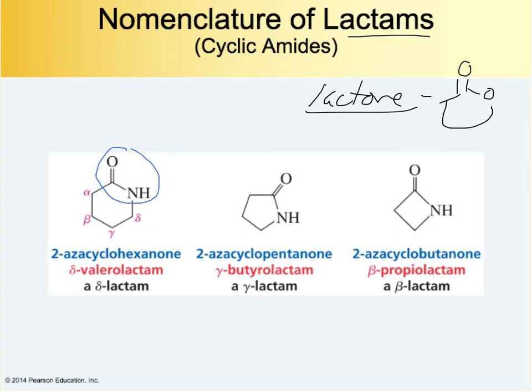The nitrogen is attached to the delta carbon, so it's a delta lactam versus a gamma lactam, which is alpha, beta, and then a little gamma there, versus a beta lactam, which is alpha, beta, right? Beta referring to which carbon the nitrogen is connected to, the beta carbon. So I want you to make sure you know delta, gamma, and beta lactams. Just know how to identify what they are. Not necessarily name the whole thing. Just know this bottom portion.